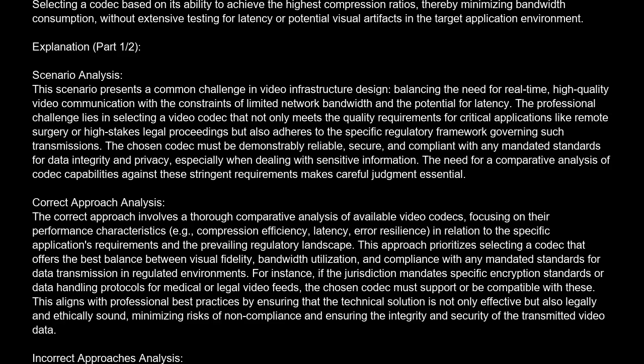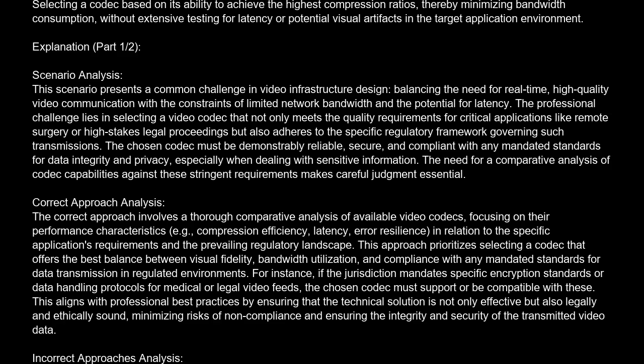Scenario analysis. This scenario presents a common challenge in video infrastructure design, balancing the need for real-time, high-quality video communication with the constraints of limited network bandwidth and the potential for latency. The professional challenge lies in selecting a video codec that not only meets the quality requirements for critical applications like remote surgery or high-stakes legal proceedings, but also adheres to the specific regulatory framework governing such transmissions.